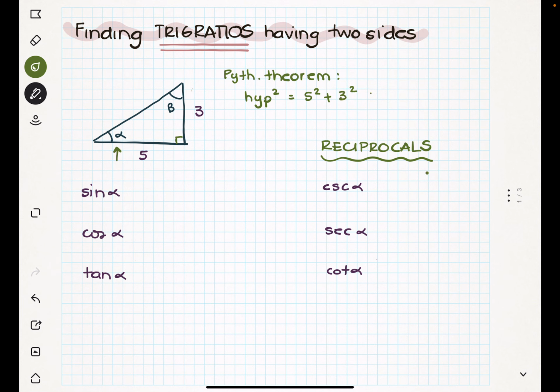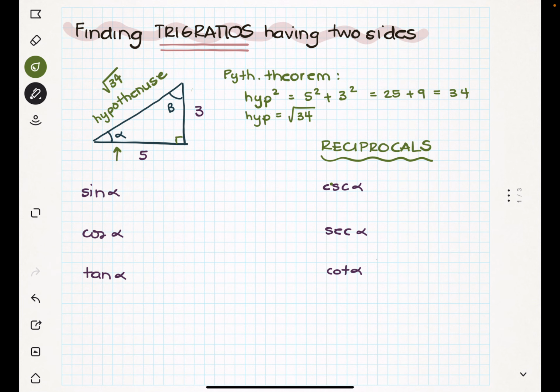So we have 25 plus 9 equals 34. So if I only want to find the side without the square, I just apply the square root, right? So we're going to have the square root of 34. So coming back to my triangle, the hypotenuse is going to be my longest side. And this is going to be the square root of 34.